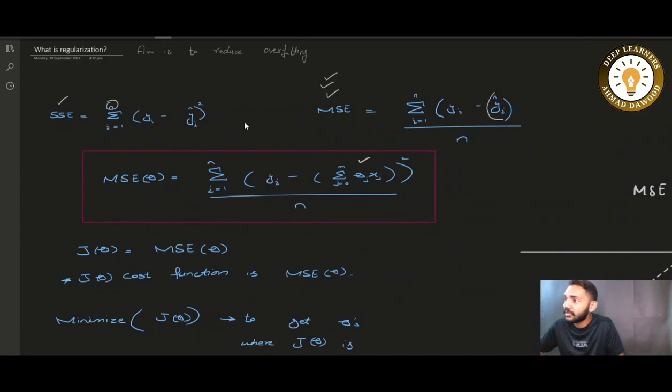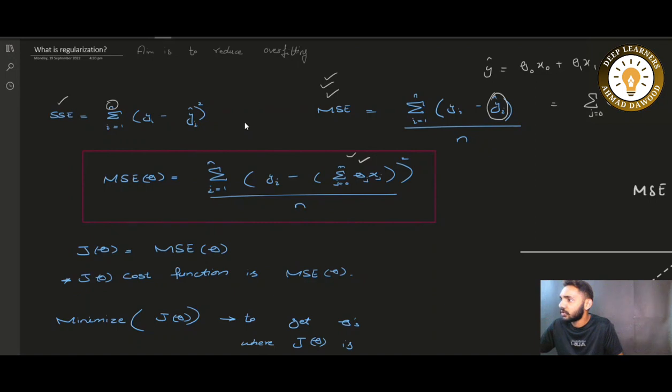Here I am representing the prediction, y cap, in this form, where we have the expression in the form of sigma. Usually we have an expression like theta 0 x0 plus theta 1 x1 plus theta 2 x2, and you can represent this in this way. I have discussed it a lot of times.